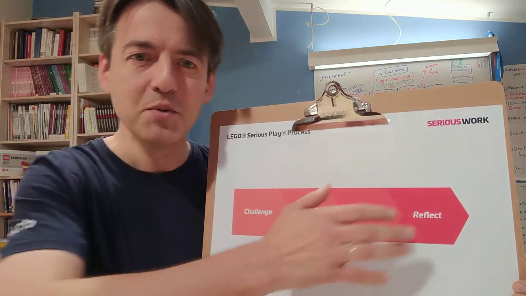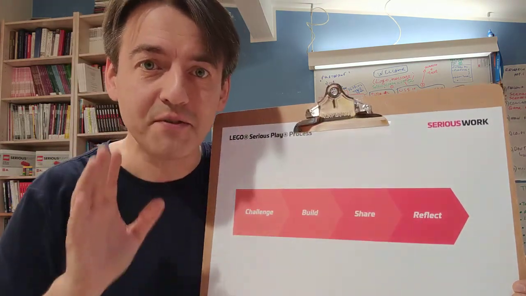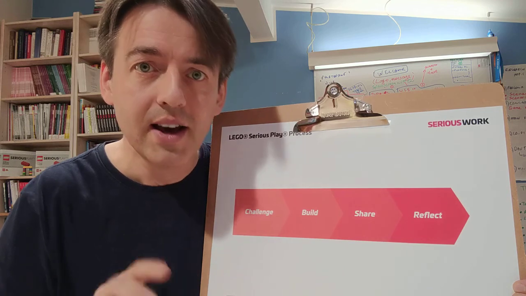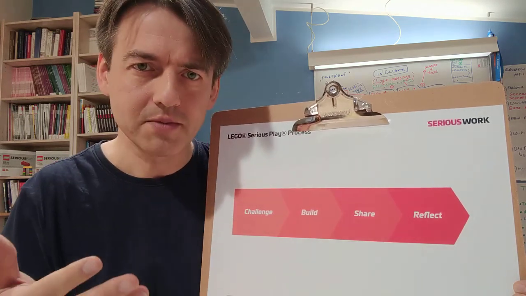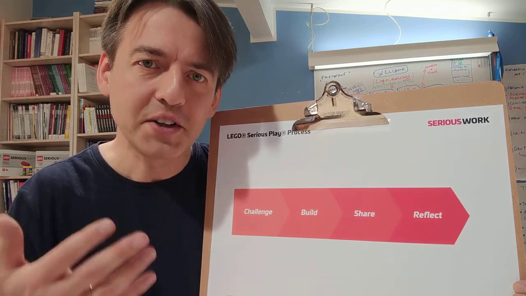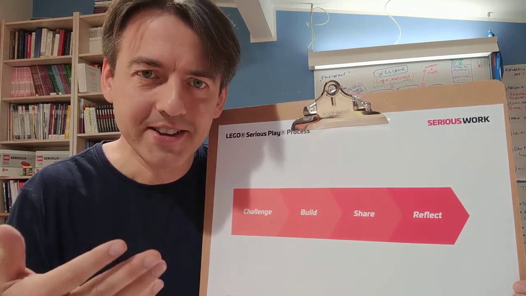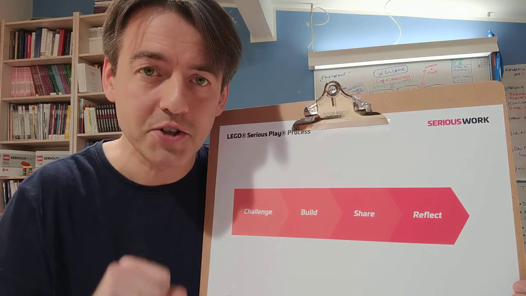And finally, we get to the final stage, which is the phase of reflection. That is the place where everybody can comment: what did they actually find out during building and during sharing this information?